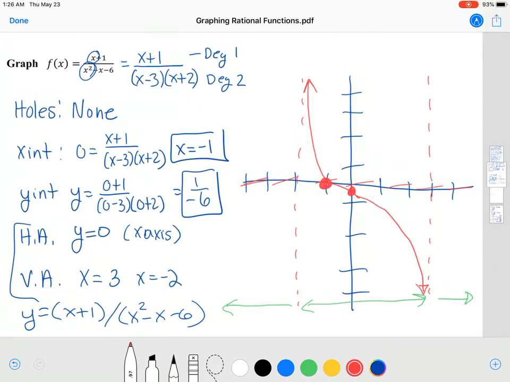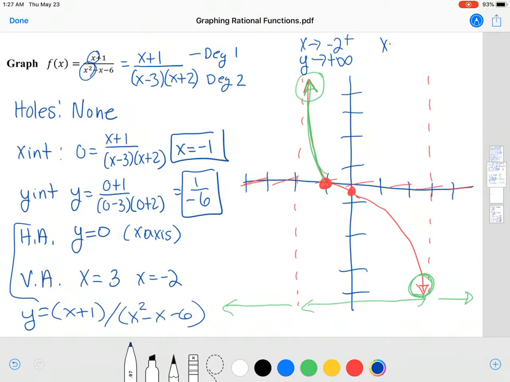So if we go back and think about our arrow notation, just to review, this arrow right here means as x approaches -2, and I would say it's coming from the right hand side, because if I trace it, it's going to be coming from this side. Then we would say y is approaching positive infinity. And this arrow here would be the limit, or sorry, I'm getting into my calculus.